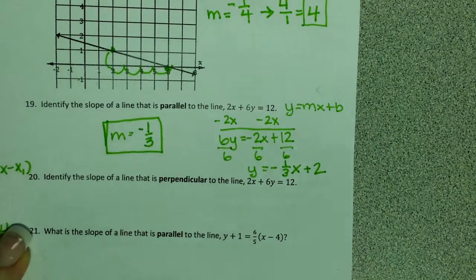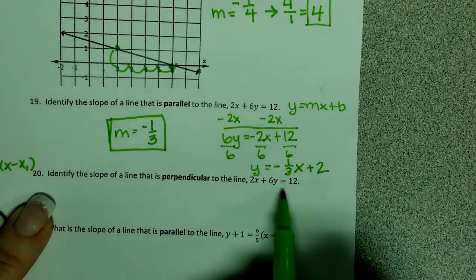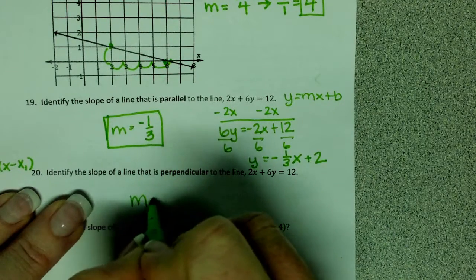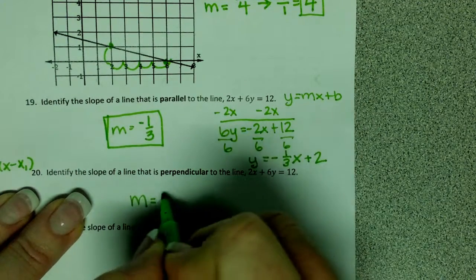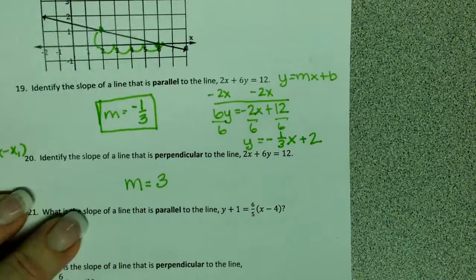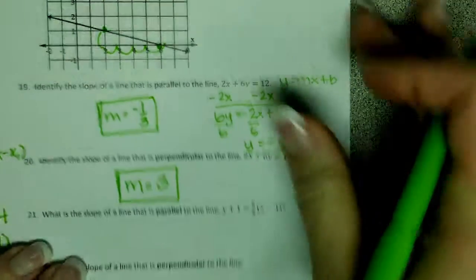Number 20: identify the slope of a line that is perpendicular to 2x plus 6y equals 12. We already found the slope for this one, so what does my new slope have to be? 3. We could say positive 3 over 1, which just becomes 3. It's the opposite reciprocal.